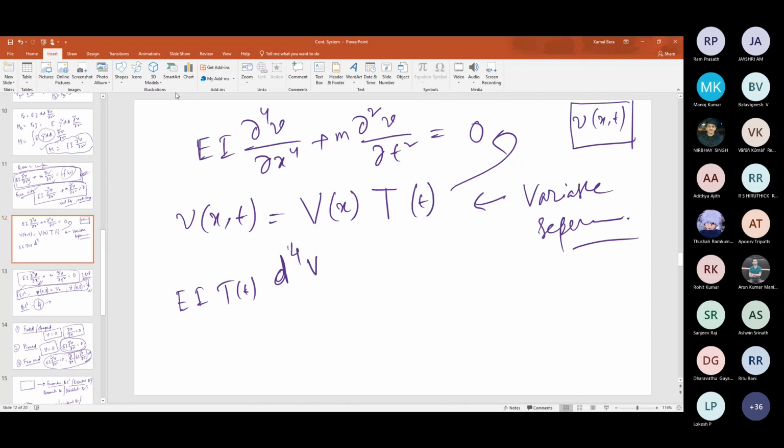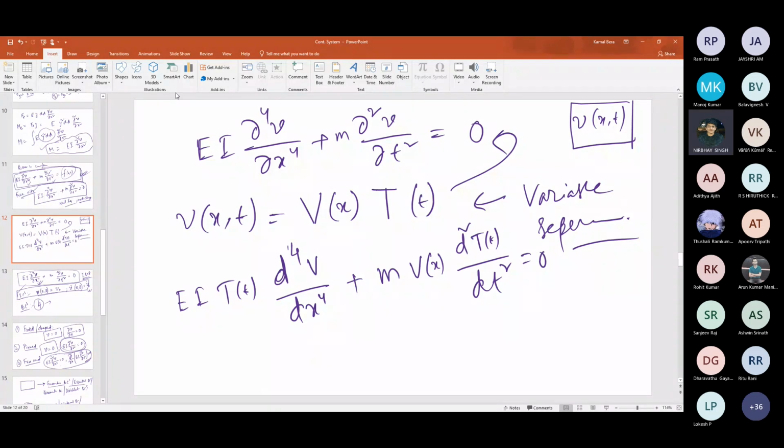EI T(t) d4 V by dx4, plus m into V(x) into d square T by dt square, equal to 0, right? Yes, sir.